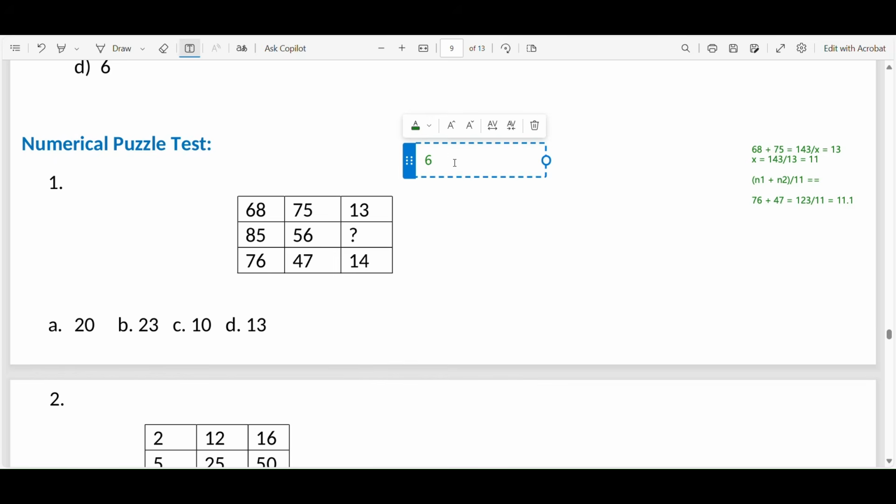So the first number is 68, where 6 plus 8 gives you some 14, right? And the next number is 75, where 7 plus 5 will give you 12. So 12 and 14, what is the number missing here? 12 means consecutive numbers, so the missing value is 13. 12 is present, 13 is missing.